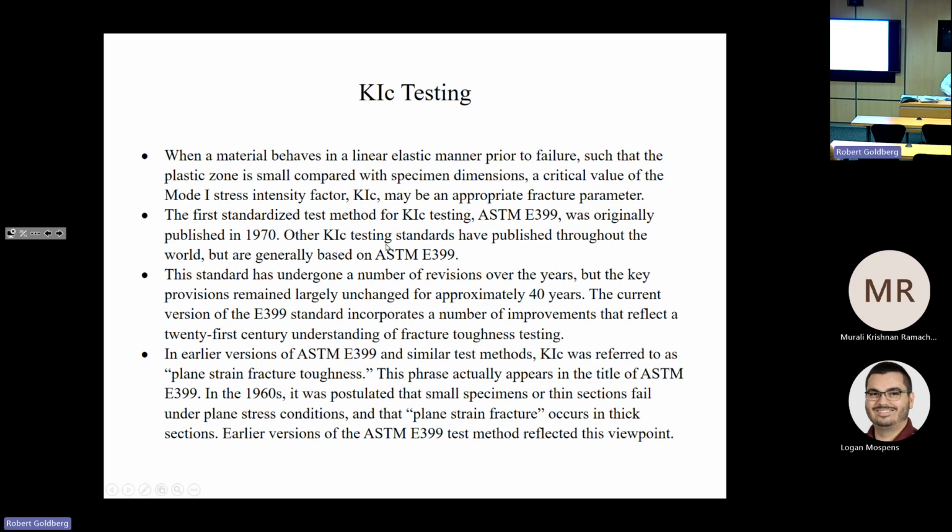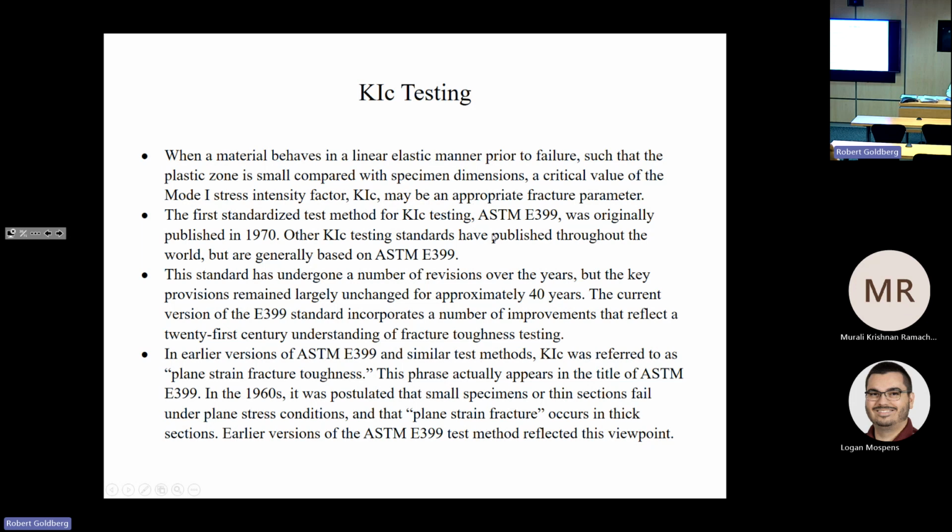So as we've talked about before, when a material behaves in a linear elastic manner prior to failure, and the plastic zone is small compared with the specimen dimensions, the critical value of the mode 1 stress intensity factor, K1C, could be an appropriate fracture parameter.